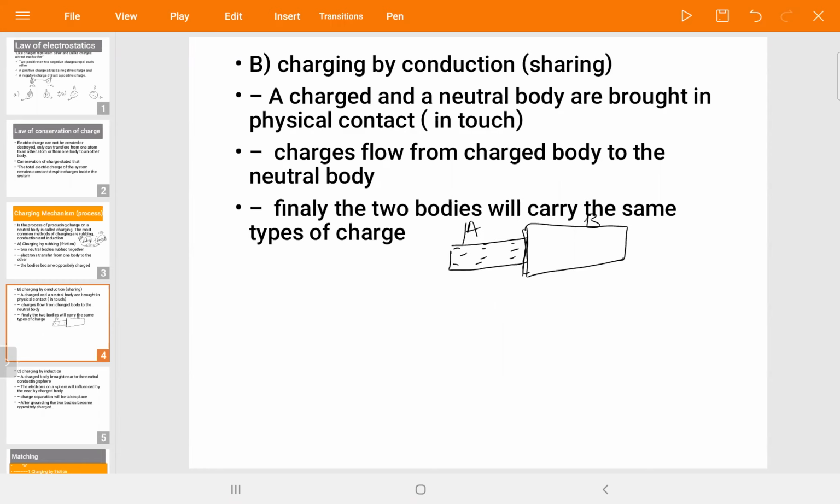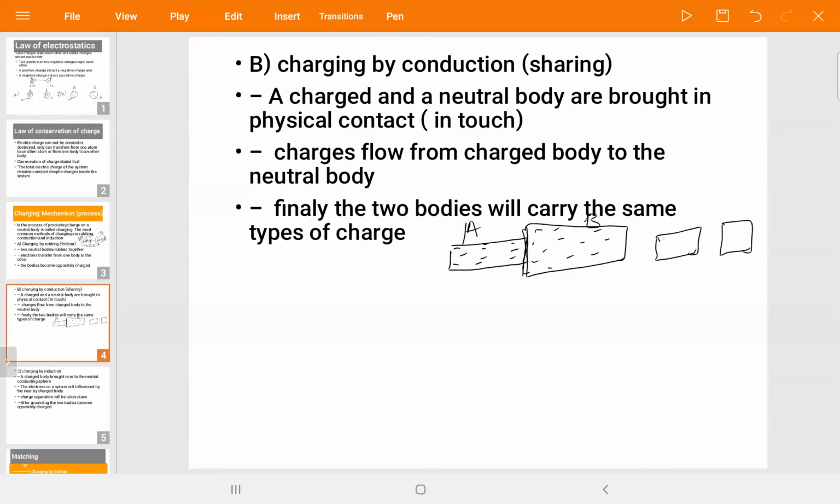Assume A is negatively charged. Since A is with an excess of electrons, then electrons, or negative charge, will transfer from body A to body B. Due to this transfer of negative charges, finally we obtain a negatively charged body B. Then finally they will have the same sign.